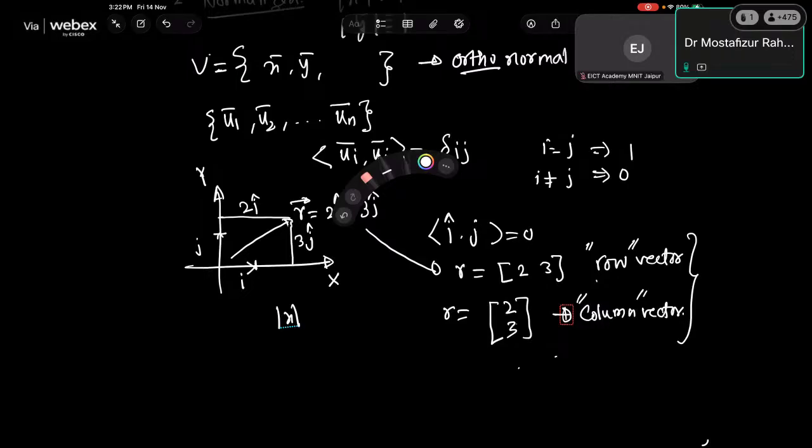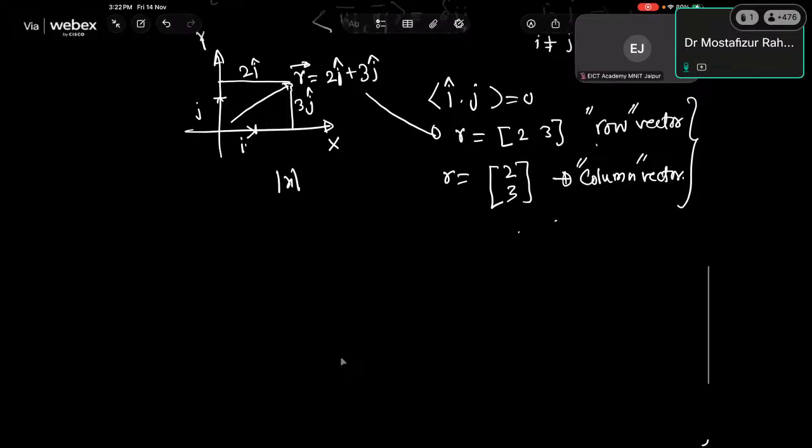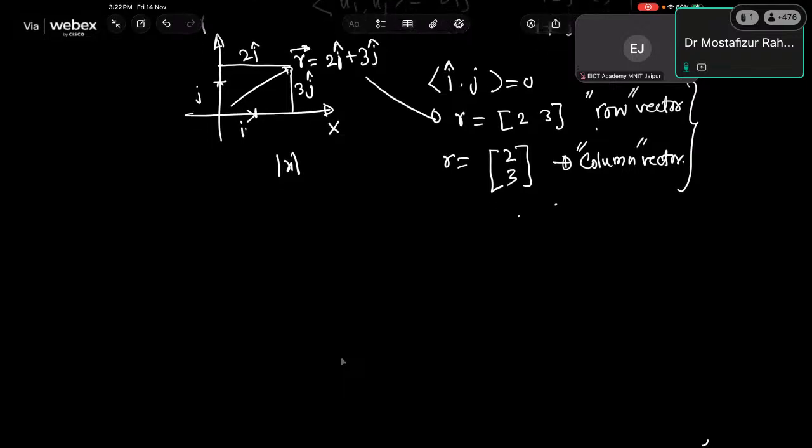These are not just elements, they can only be represented using certain basis sets like i and j unit, in the Cartesian coordinate system. These are just i and j.